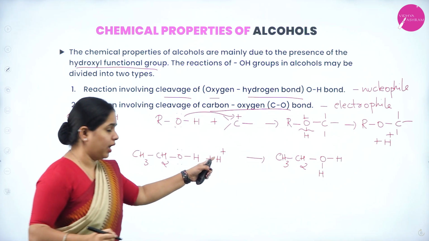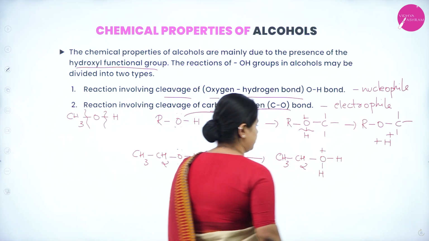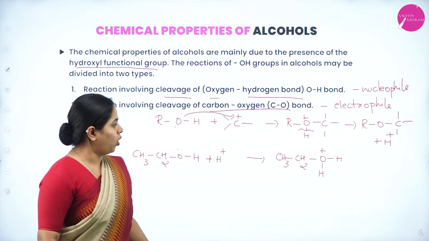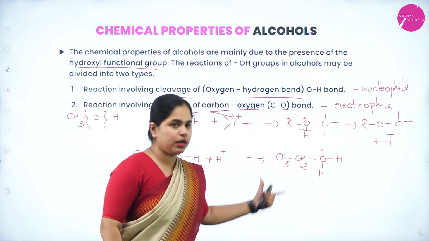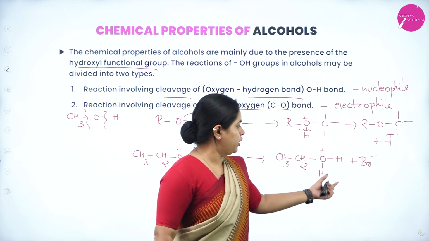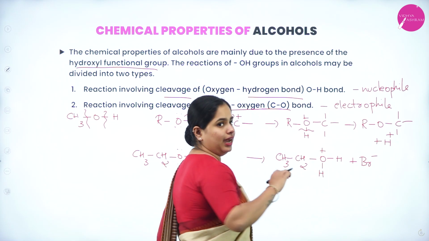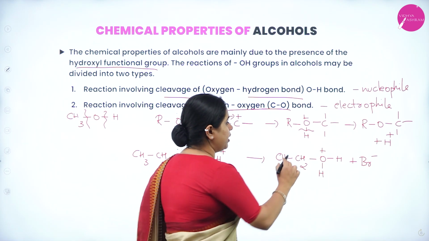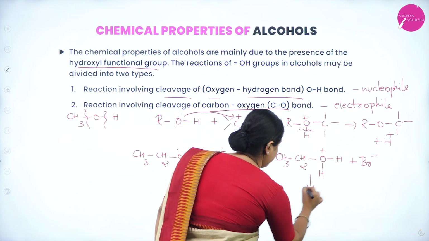I have added one more hydrogen here, which means the oxygen will of course get a positive charge. So now your alcohol is going to behave as an electrophile. It is having a positive charge. Now let us consider a nucleophile, Br minus. As the alcohol is acting as an electrophile, it will have attraction towards a negatively charged species. So what will be formed?